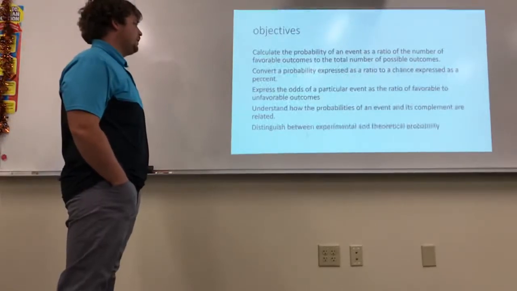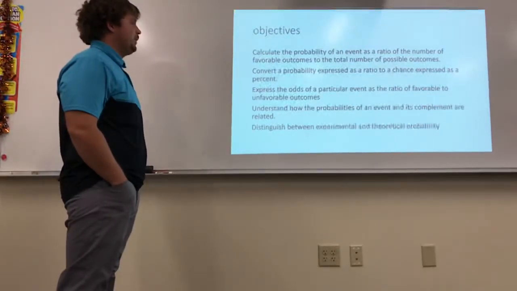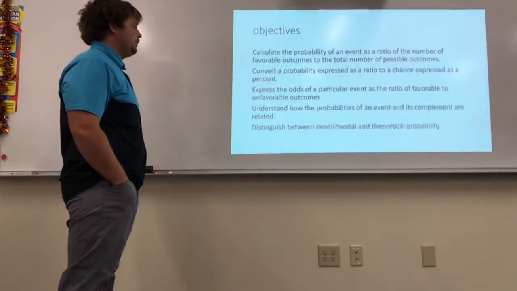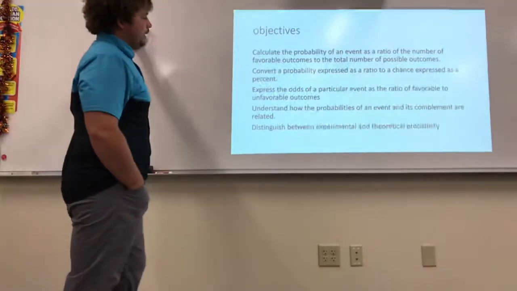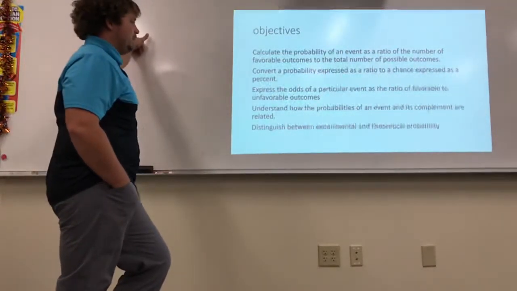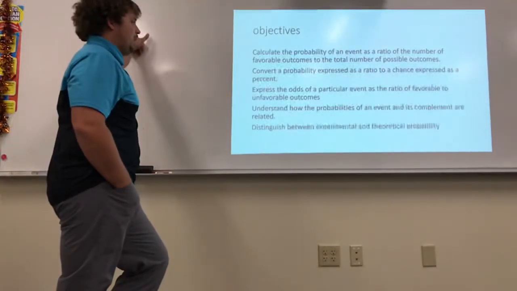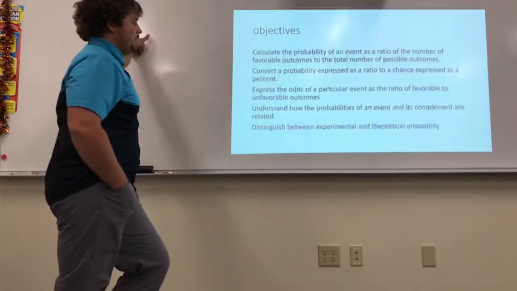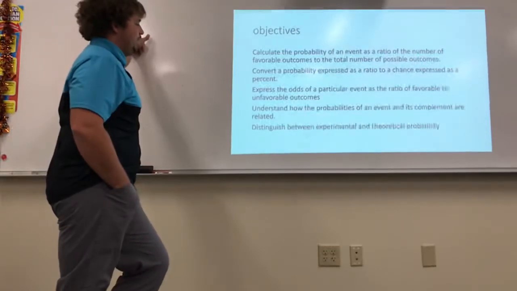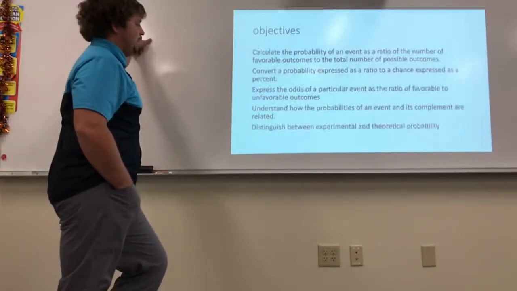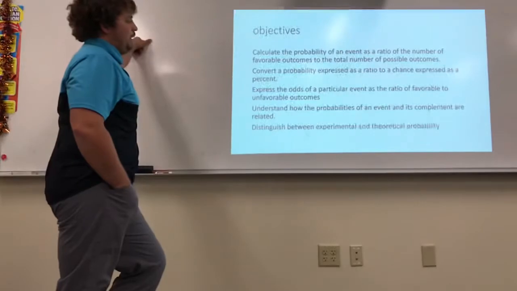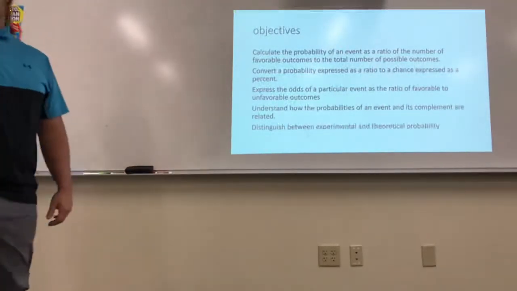Express the odds of a particular event as the ratio of favorable to unfavorable outcomes. Understand how the probabilities of an event and its complement are related. Distinguish between experimental and theoretical probability.